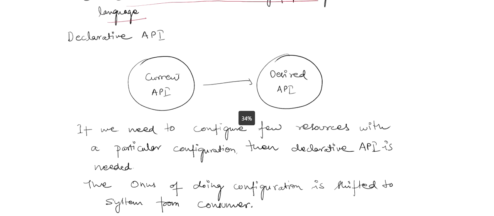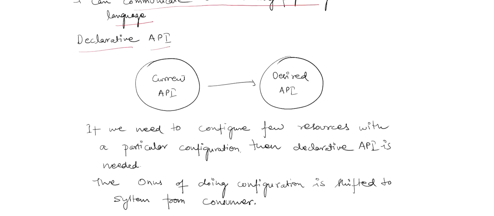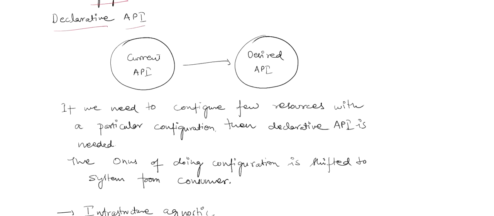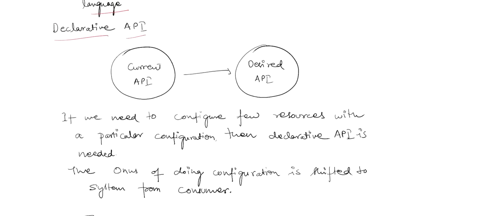Now, what is the next thing? What is declarative API? The name suggests that declarative means that has been declared earlier. This is the current state, and this is the desired state.